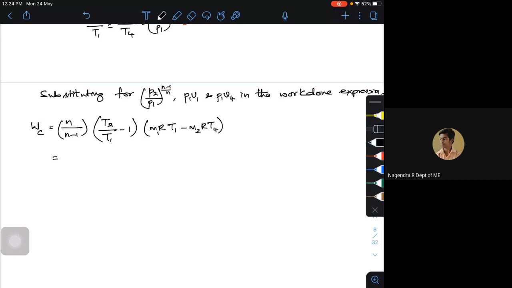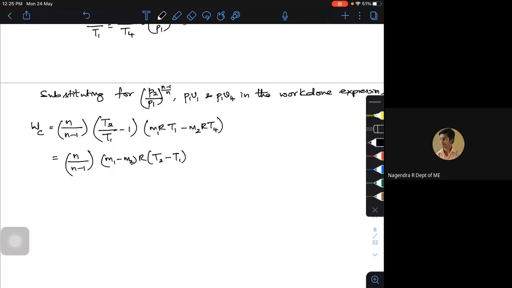Now I will simplify this. n by n minus 1. R is common, so I can write it as M1 minus M2 into R into T. If I take T1 outside, T1 gets cancelled at the bottom, and it will become T2 minus T1.